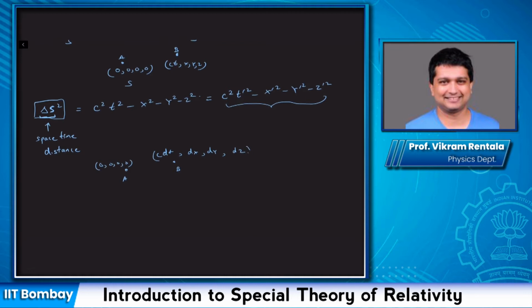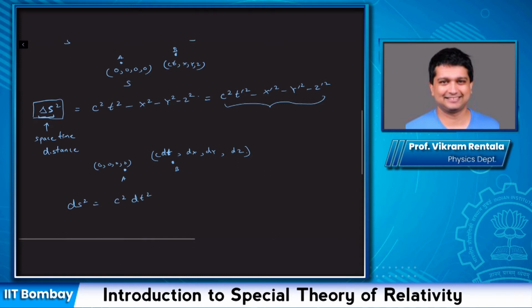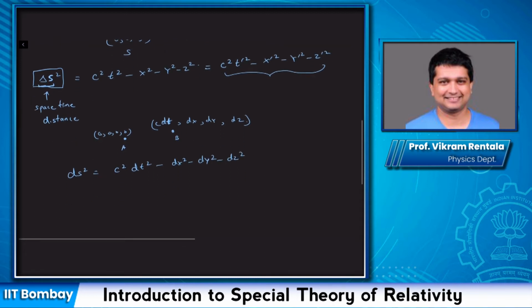What's important is the separation between these two, not the absolute locations of A and B. We can define the infinitesimal spacetime distance between these two infinitesimally separated points as c squared dt square minus dx square minus dy square minus dz square. And for an observer in frame S prime, these same spacetime points would give us the same distance measure, but calculated using the coordinates in the new frame.